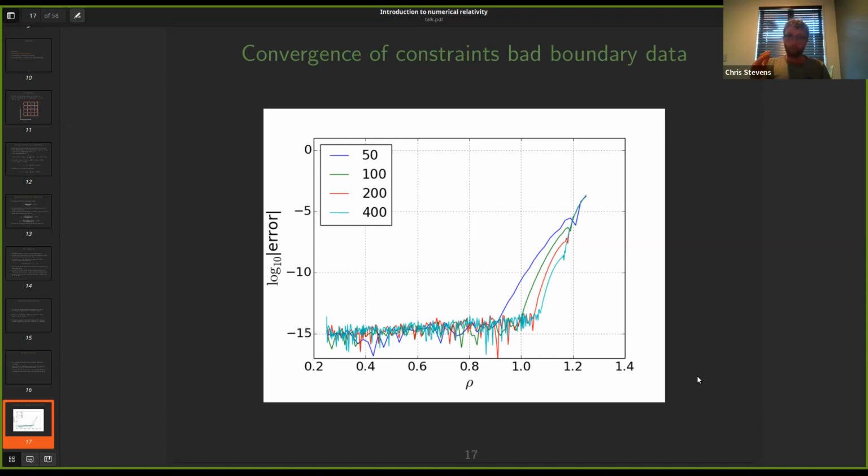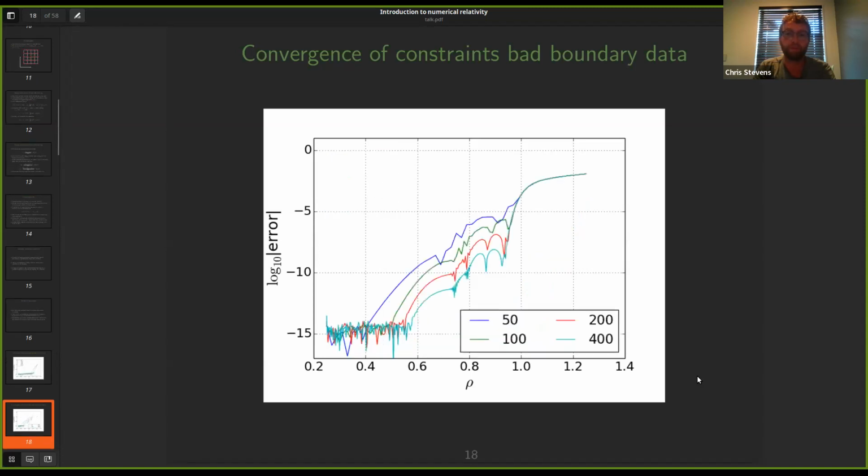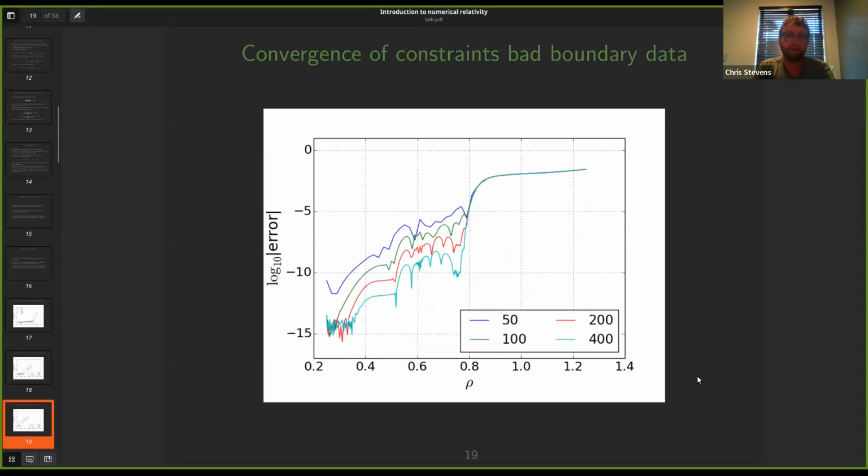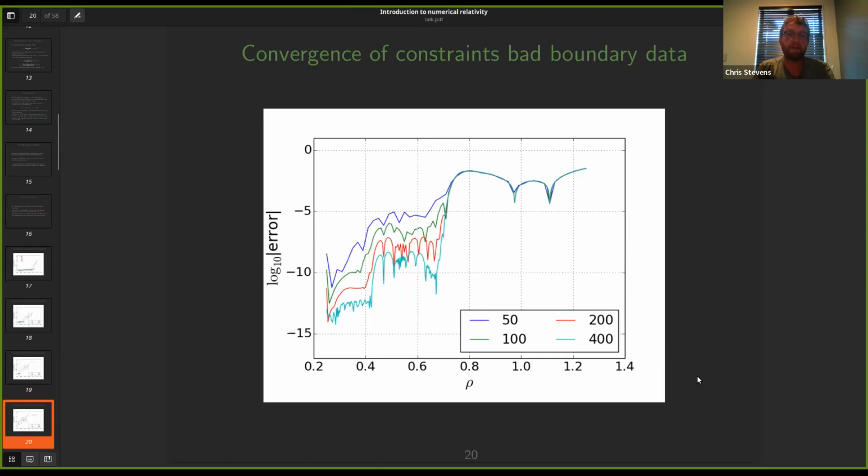So what happens when I go and look at this plot at later and later times? There's clearly something not right here. That's why this is bad boundary data.